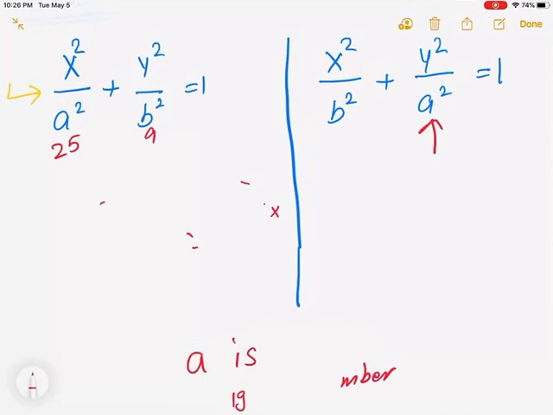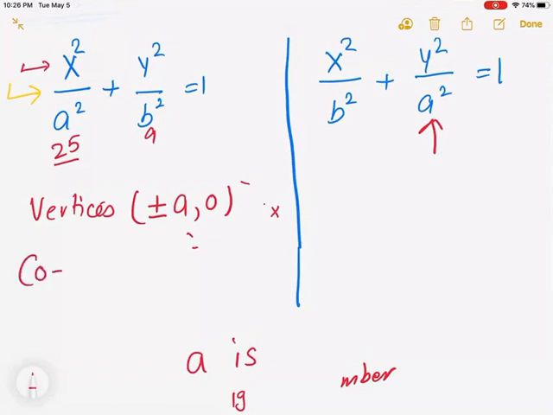Since the vertices are always on the major axis, by looking at the bottom number, I know x is the major axis. So my vertex is going to be the number, because x comes first, comma 0. So these are going to be my vertices.